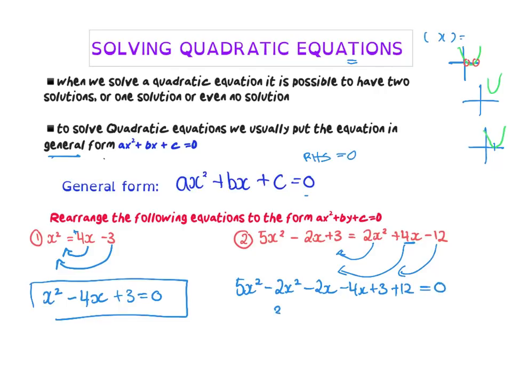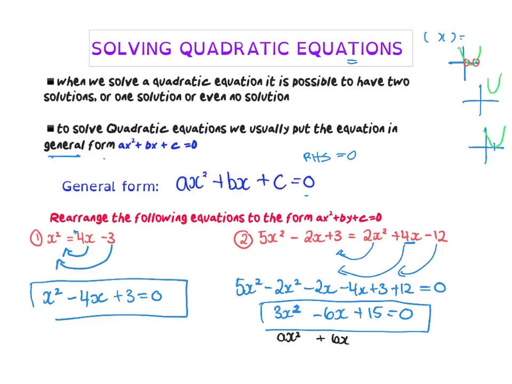Then just tidy it up, that's 3x squared minus 6x plus 15 equals 0. So there we go, we've got it in general form. So you can see that we've got this ax squared plus a bx term plus c, and we've got equals 0. We've got general form there.